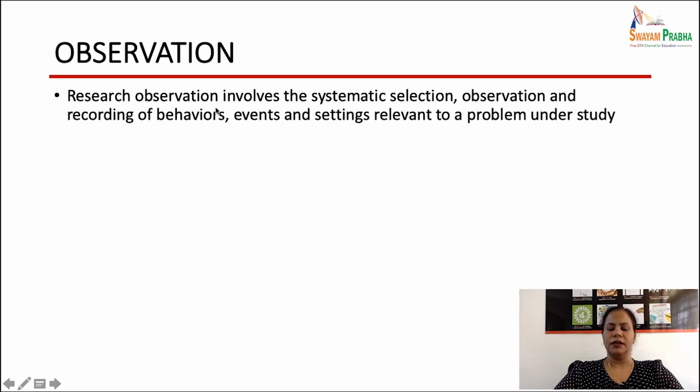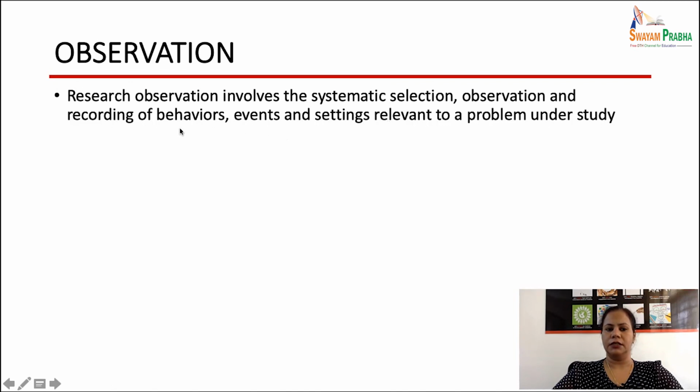We may be observing many things when we are working in the clinical area, but we need to see from the research point of view what needs to be observed. So it involves systematic selection. We need to select exactly what has to be observed, and then it has to be recorded properly.